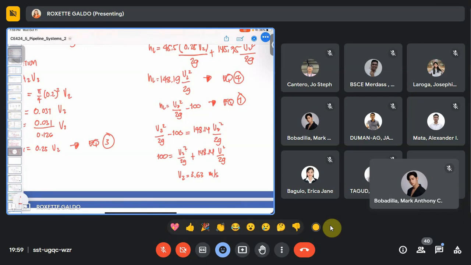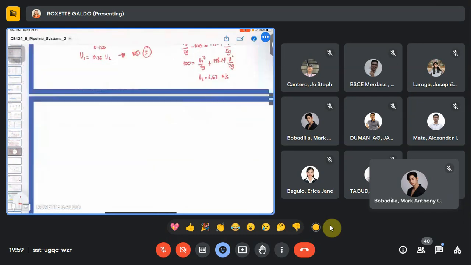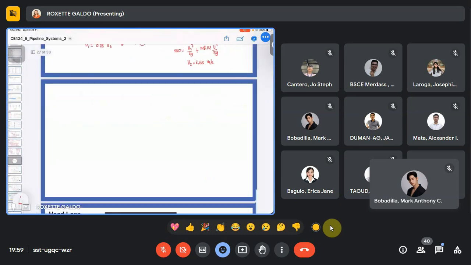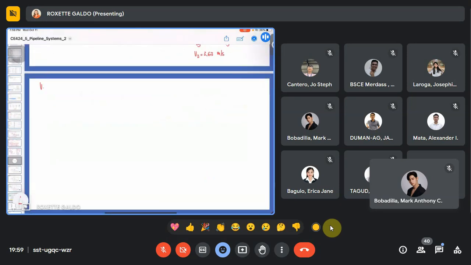Okay. So, velocity 2 is 3.63. Okay, so if velocity 2 is 3.63, we can get area 2, right? Pi over 4 times the diameter of pipe 2, which is 0.02, squared.